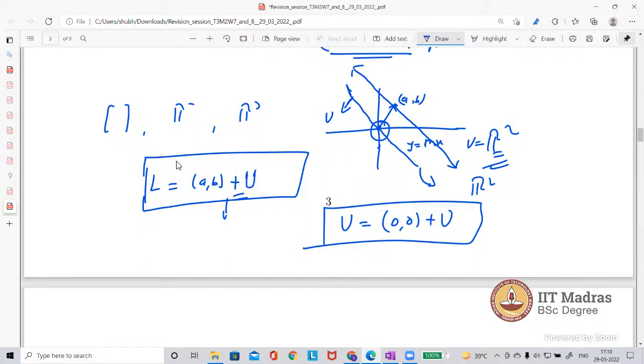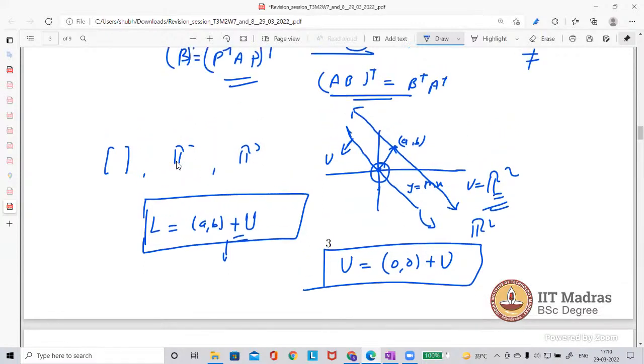Let's say this is happening in a system of linear equations, AX equals B, and suppose this system has a solution. Like here we got the corresponding subspace U, the solution of this system gives an affine subspace.